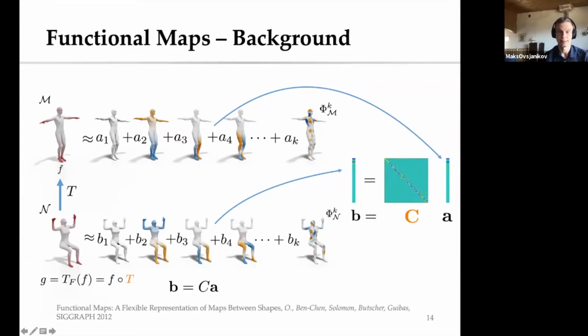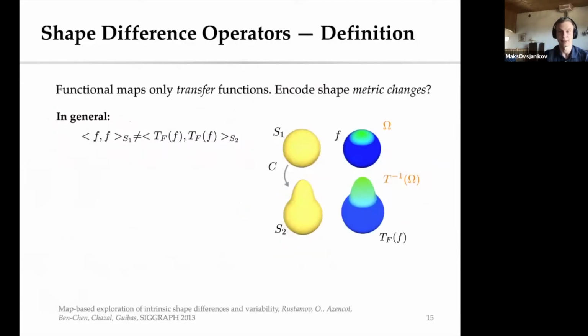And you can show that when the functions are transferred using this pullback, there always must exist such a matrix C. And it actually has a simple closed form expression. And we have also other ways of computing these matrices. So what's nice is that you can use these functional maps and compute them even when shapes don't have the same triangulation.